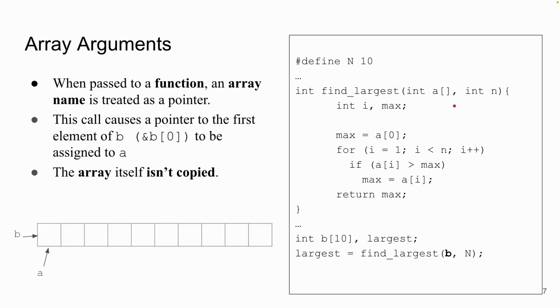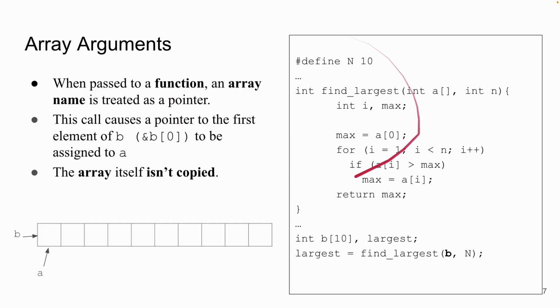The fact is that when we pass the name of array to a function, what we pass is actually a pointer to the function. And this pointer points back to the first element of array. So that is why whatever we do to the array in the function will reflect back to the original array.